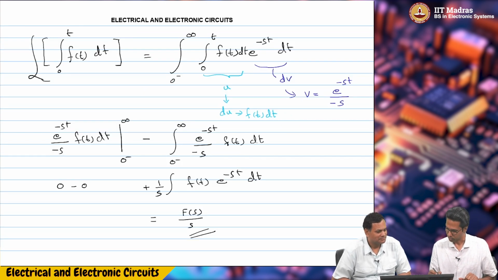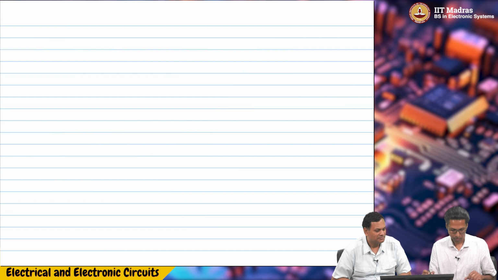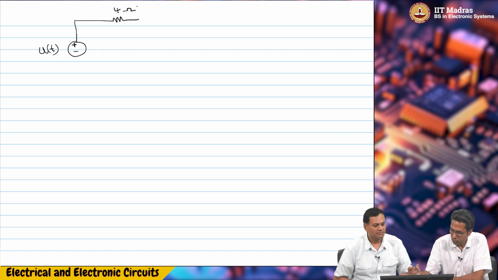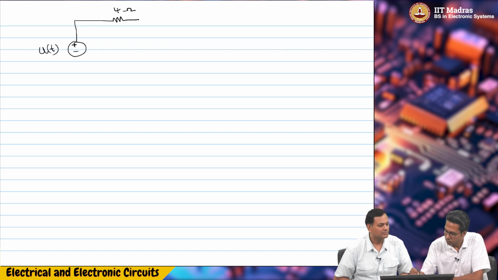So I have some example. I have a u of t, then a 4 ohm resistor, and from there a capacitor.